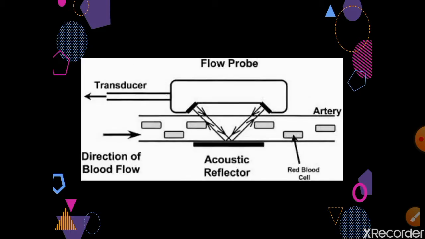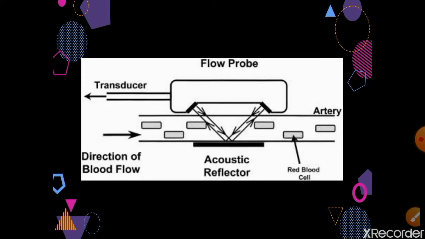Another popular method used to study the blood flow is known as the ultrasonic Doppler flowmeter. In this method, a probe is placed over the blood vessel through which the blood flow is to be measured. This probe contains a crystal. This crystal, when energized, transmits an ultrasound at a frequency of several 100,000 cycles per second.